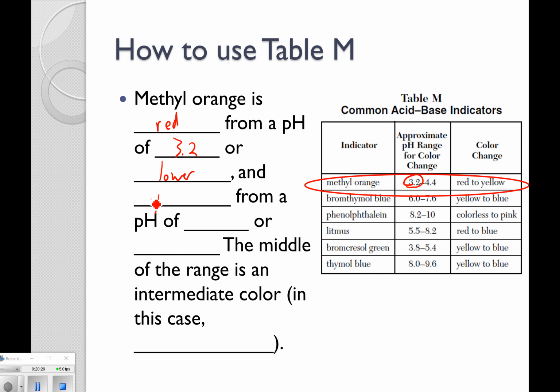And this is going to be yellow from a pH of 4.4 or higher. If we get a pH somewhere in the middle there, like 3.6, 3.7, 3.8, we're going to have an intermediate color, something that'll transition from red to yellow, which in this case would be orange.